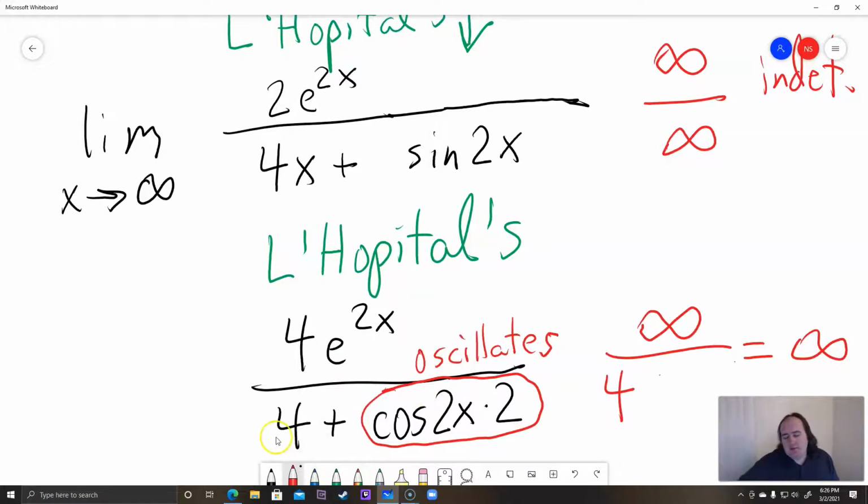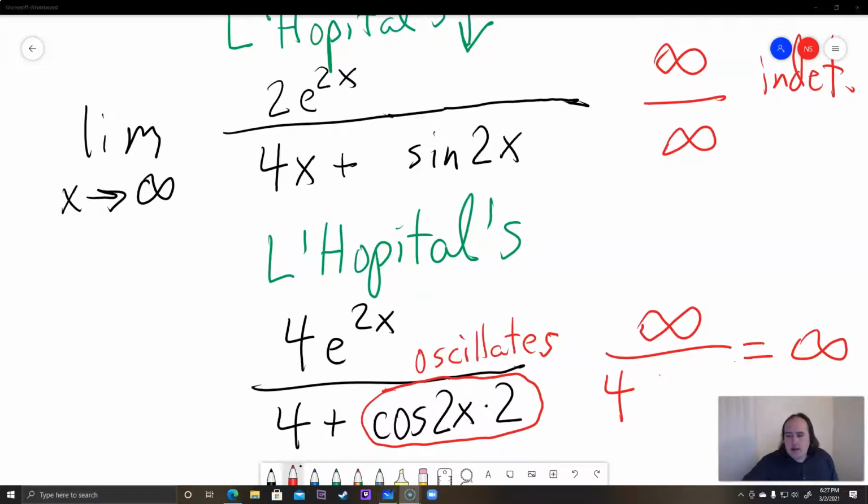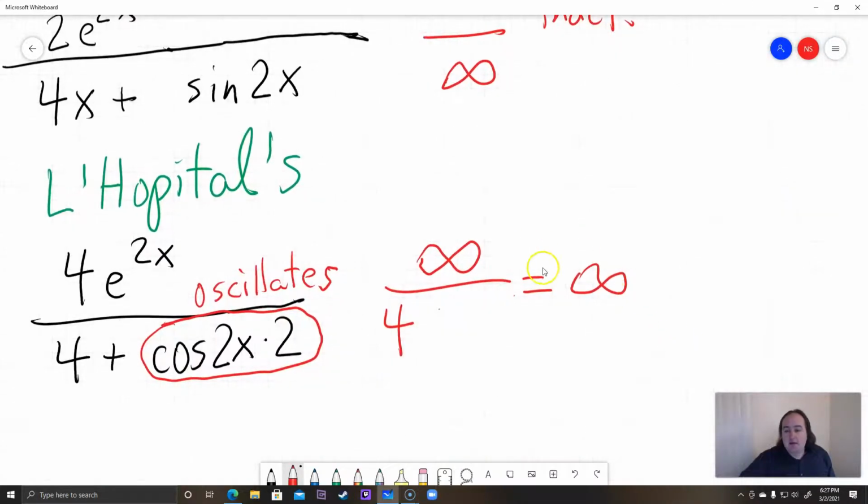It'll go up to 6 in the denominator, and then it'll go down to 2 in the denominator. But that's not going to make that big of a difference. So it's still going to be infinity. And infinity is not indeterminate. Infinity is actually the value of the limit.